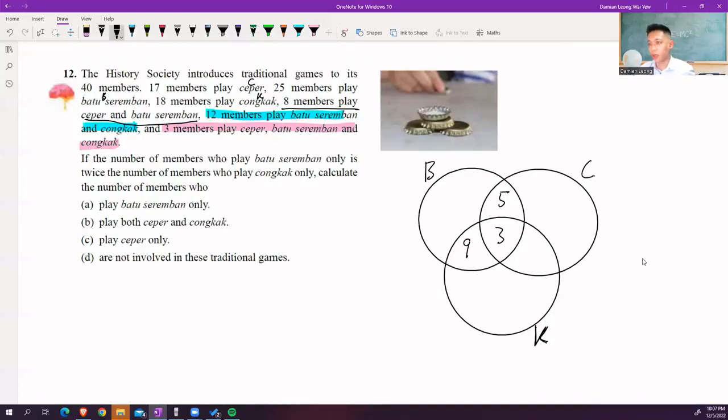18 members play Congkak. 25 members play Batu Seremban. Whole set B is 25. So 25 minus 5 minus 3 minus 9, which is 8.